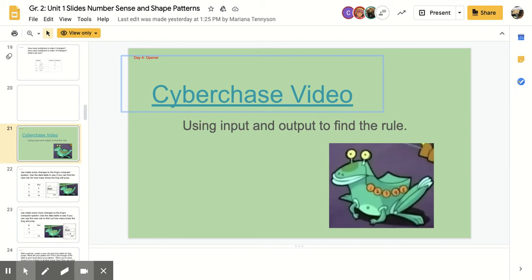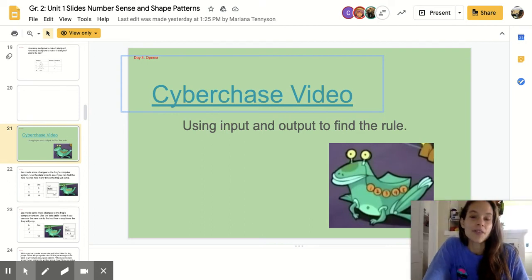A 2 gives us 4 hops, a 3 gives us 6, a 4 gives us 8, and a 5 gives us 10 hops. All right! There's a pattern there. A pattern? Where? Look, a 1 gets you 2, a 2 gets you 4. The hops out are always twice the number in. That's a rule. The frog's output is always twice the input. Works for me.